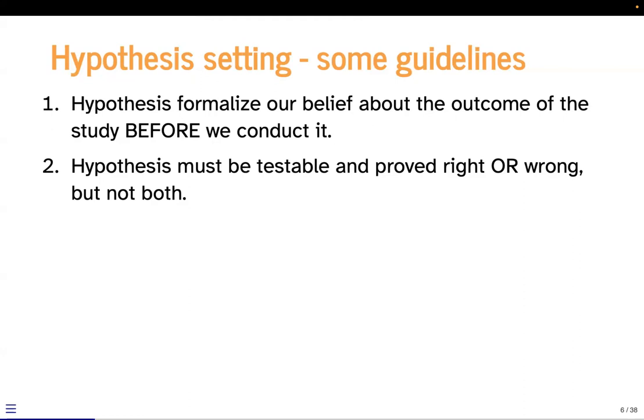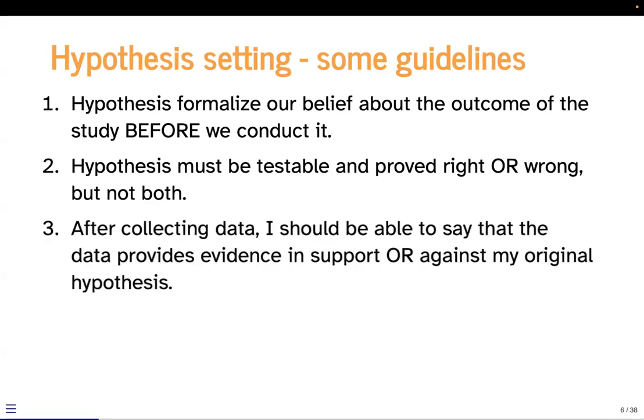So you are confirming your hypothesis, but perhaps they were not different. So you are, I guess, proving wrong your hypothesis, and that's okay. But your hypothesis needs to be set up in a way that you can test it and you can say, yes, my data is in agreement, or no, my data is not in agreement with this hypothesis.